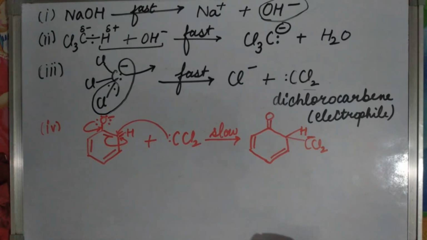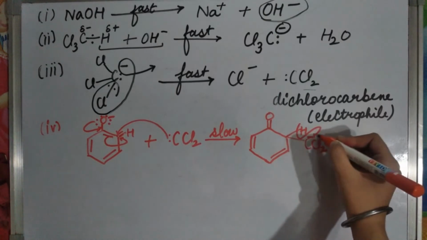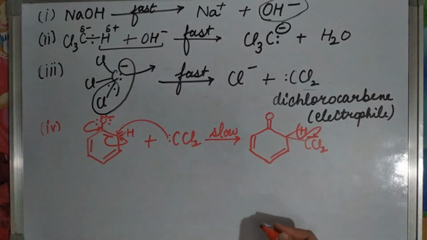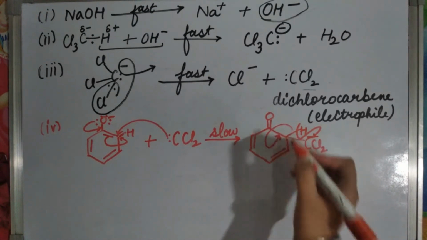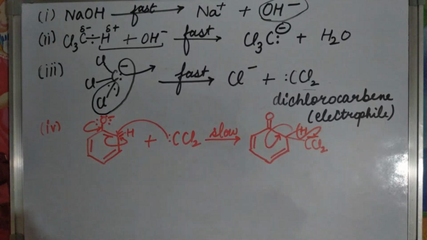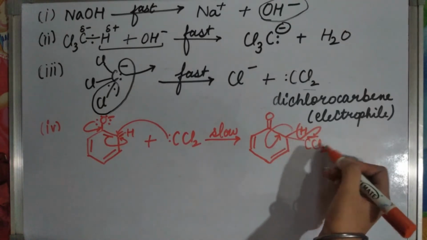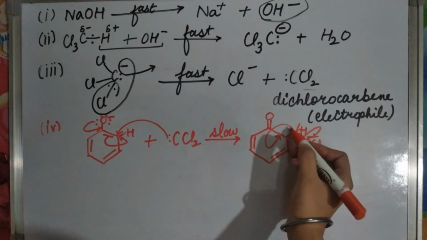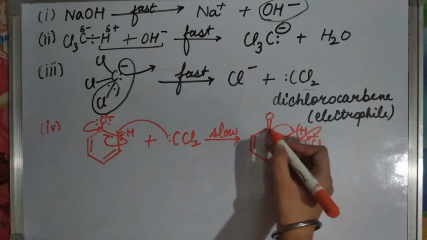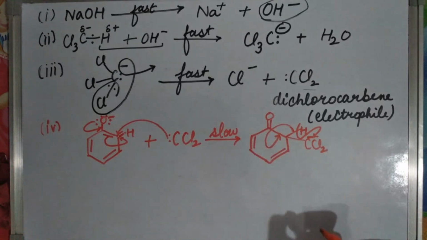Now from here, this hydrogen will attach to this carbon, and this bond will be shifted here. Just look at this step very carefully. Hydrogen is shifting to the carbon of carbene with negative charge, and this bond of hydrogen is shifting to the carbon-carbon bond of the benzene ring. Right?